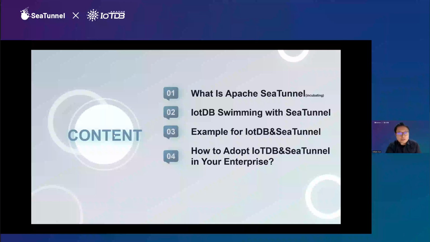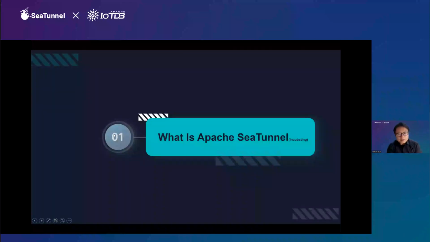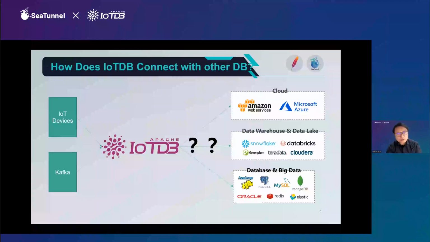So let's begin. The first part, I will tell you what is Apache SeaTunnel. I know IoTDB is a high performance time series database, right? You can collect data from IoT devices or from Kafka into IoTDB.